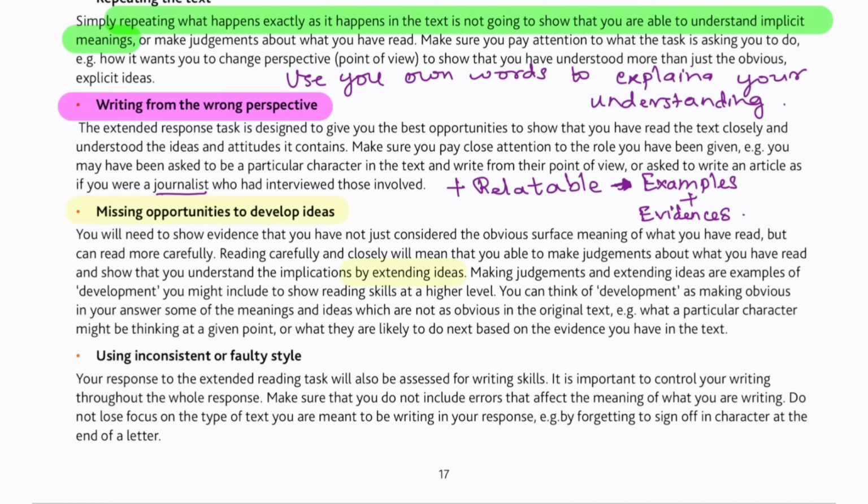You can think of development as making the obvious clearer. So when I use the word development, please understand, it is very easy; I'm just putting it down simply for you all.